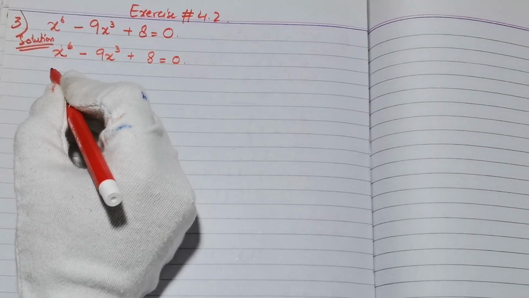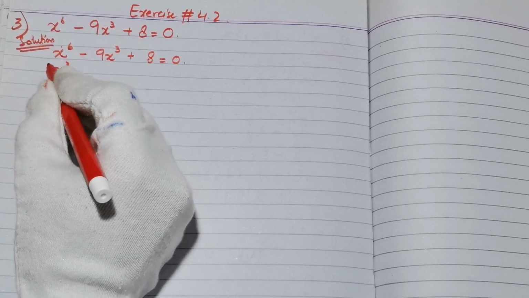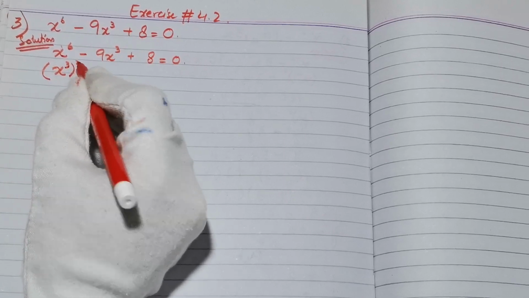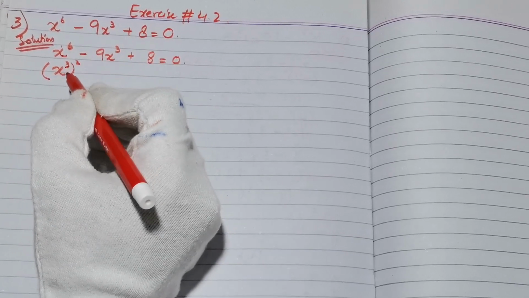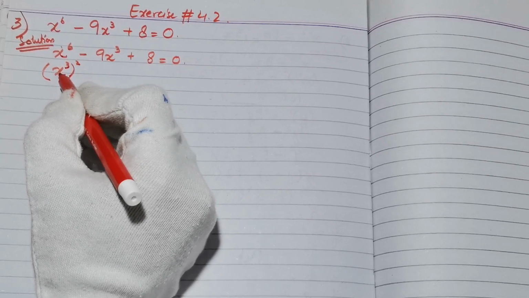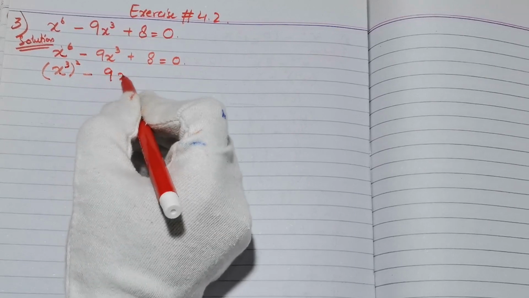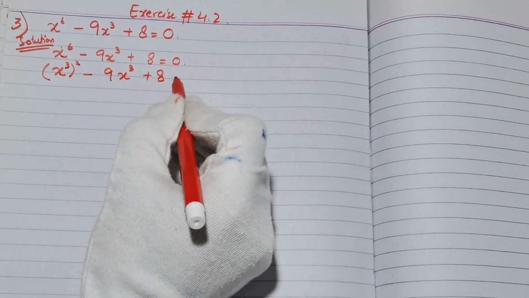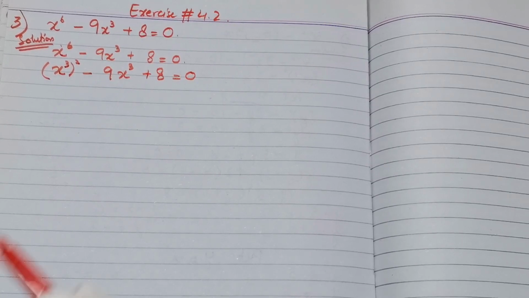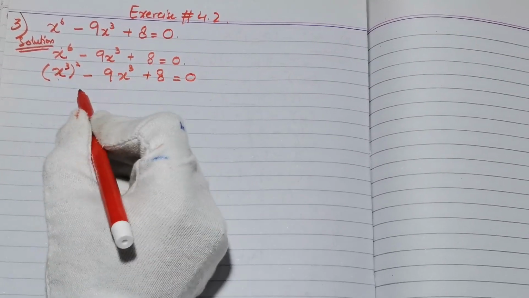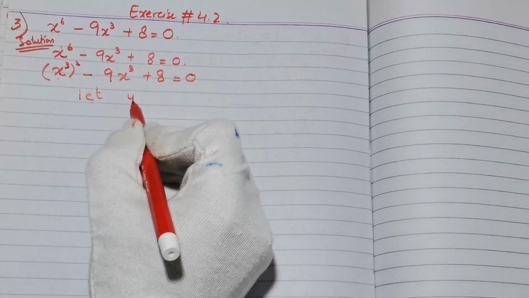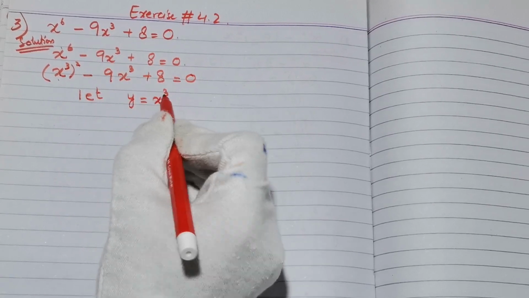What is the square of x cube? x cube squared, 3 twos are 6, so x^6 is the square of x cube. Now if we consider this term, let y = x cube.